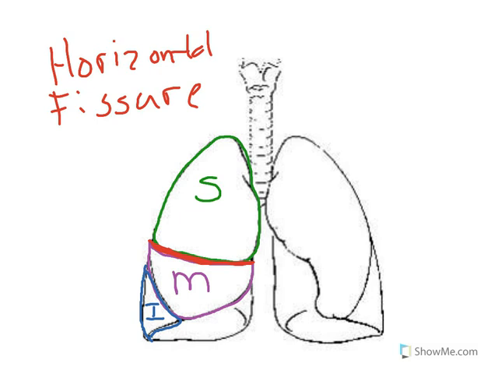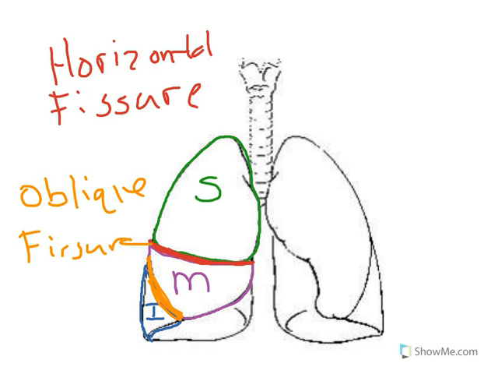If I take orange and come here between the middle lobe and the inferior lobe, I have an oblique fissure. So a horizontal fissure and an oblique fissure.